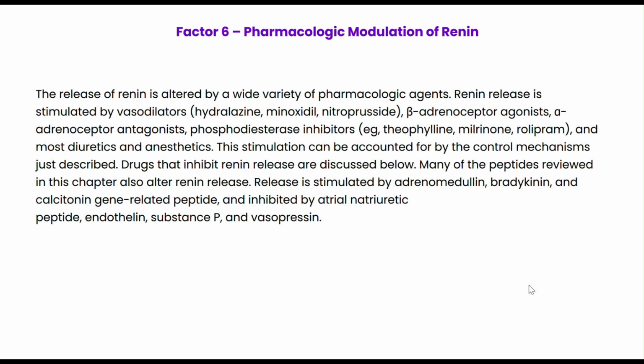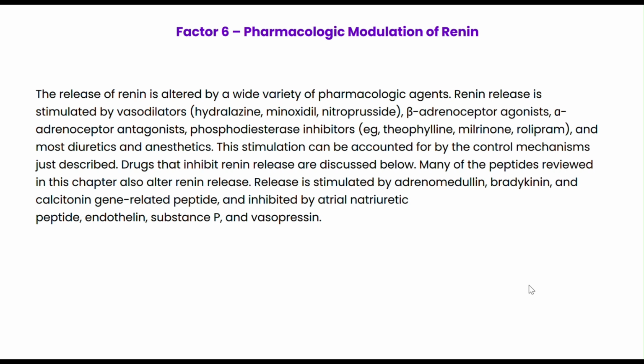Beta adrenergic agonist medications like isoproterenol stimulate beta 1 adrenergic receptors on the juxtaglomerular cells, directly increasing the renin release. Other drugs are phosphodiesterase inhibitors, drugs like theophylline and milrinone.